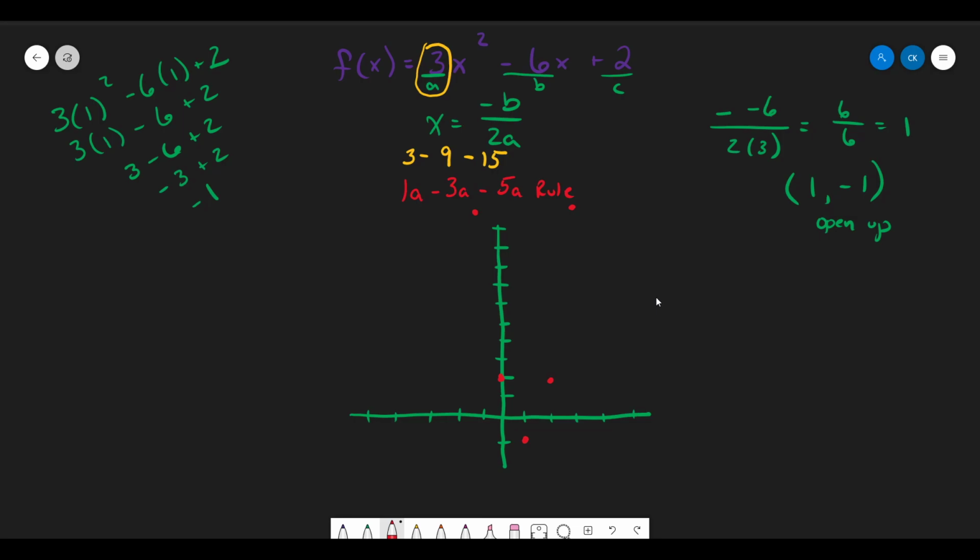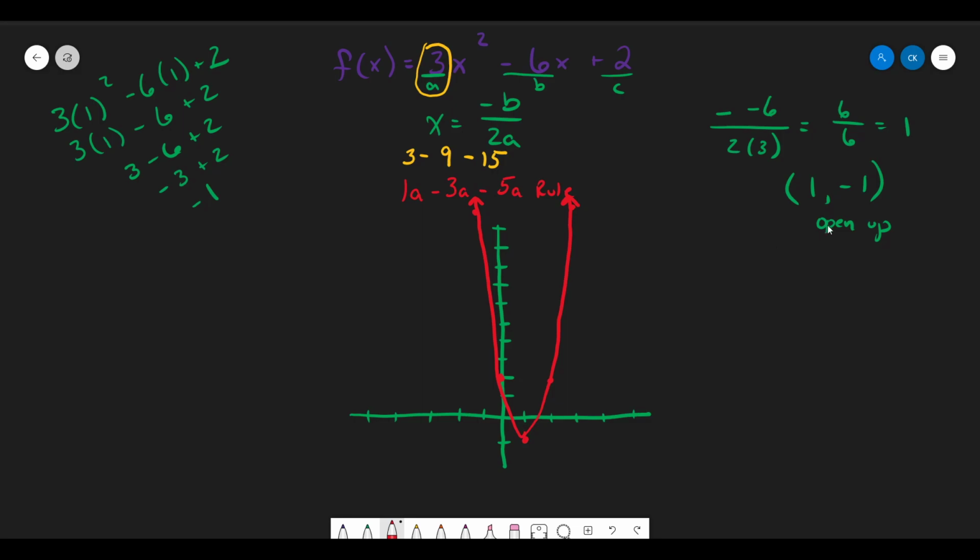I now take my points, I plot them, or I connect them in a nice U shape, or as much of a U shape as I could possibly get here. And there is my parabola. Okay, so as long as you understand how to use the 1A, 3A, 5A rule, graphing a parabola is extremely simple.